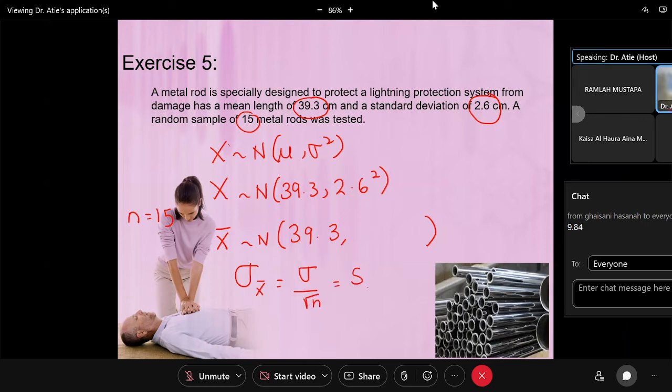So this one we have the standard deviation, 2.6, divided by square root of 15, right? So please get me the answer for this one. Shafa, can you get me the answer?